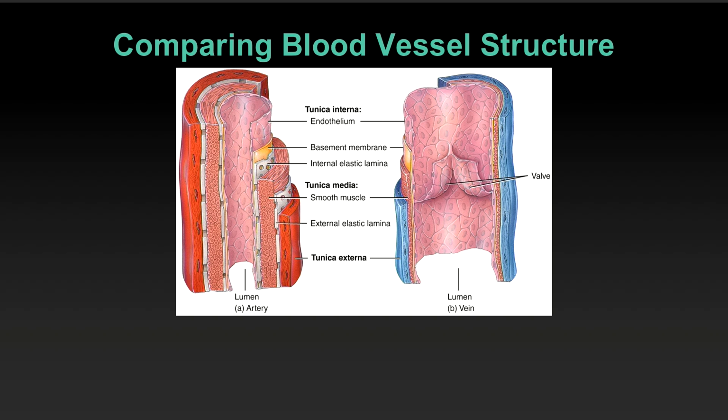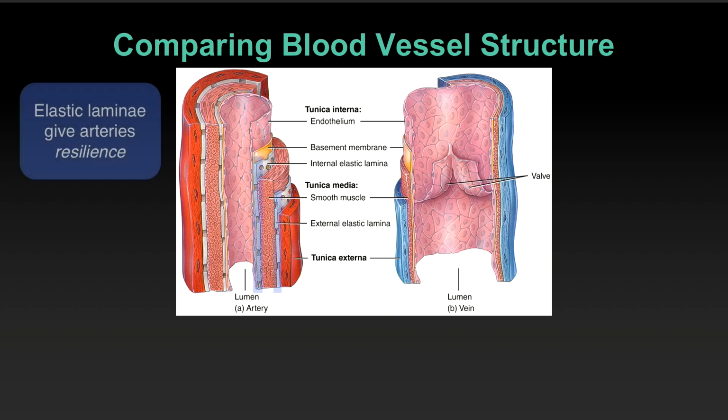And the key structural differences that differentiate these types of vessels are, first and foremost, the arteries have elastic properties. The internal and external elastic lamina make the artery springy. And you saw an example of that in lab, how resilient and bouncy and springy the aorta was for your sheep specimen.